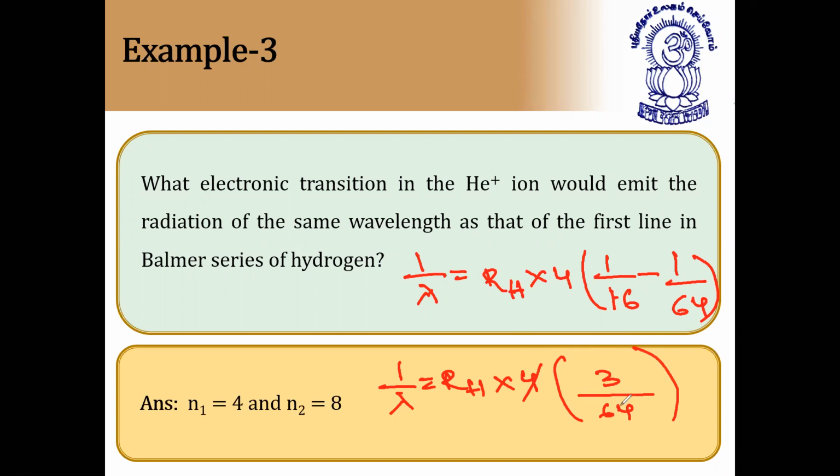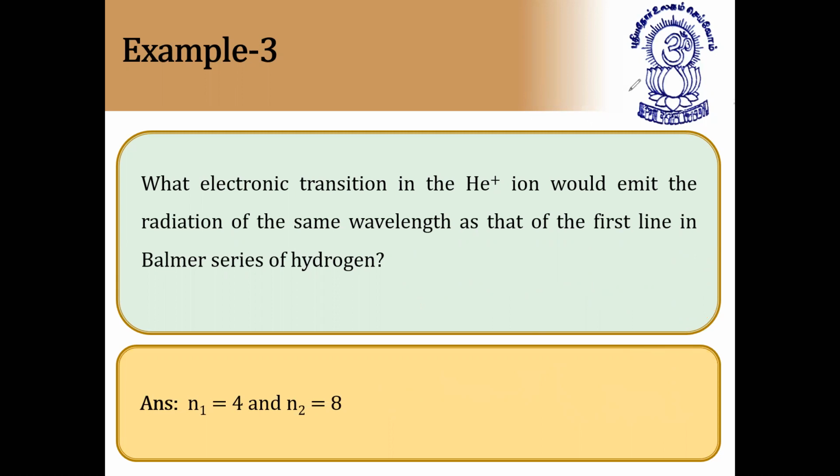So 4 by 64, 4 how many times in 64? 16 times. So 3 by 16, so we should get the answer 5R by 36. So check the answer. N1 is equal to 4, N2 is equal to 8. You just check the answer once again.